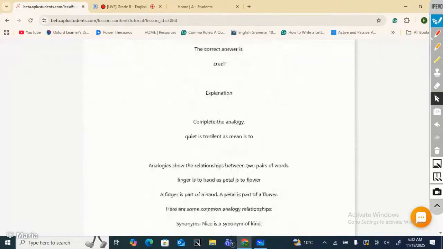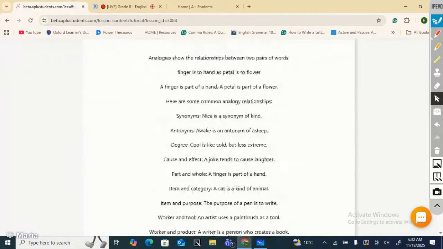Okay, what are analogies? Analogies show relationships between two pairs of words. Now, between two pairs of words, what kind of relationships can there be?